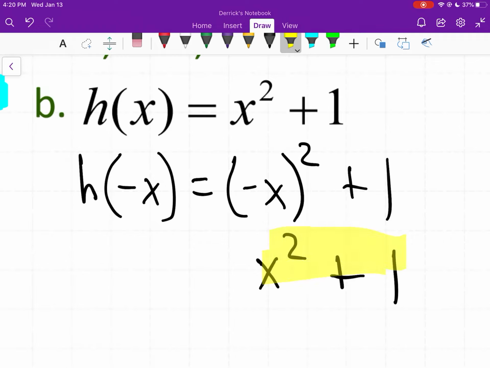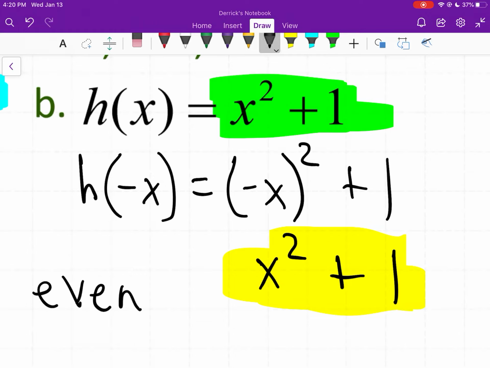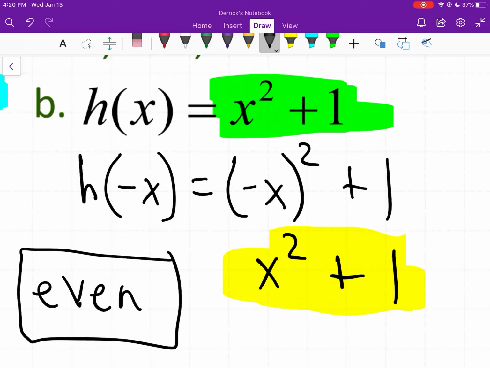Well, in that case then, looking at what we got from simplifying, that does perfectly match what we started with. So since it matches what we started with, this would actually pass the even test. It is an even function, which means we don't have to do the rest of our tests. It's even, we can move on.